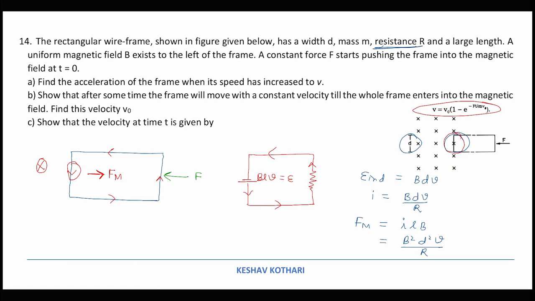So the magnetic force is opposing the applied force, and hence I can say that the net force which is going to act on this rectangular frame can be written as F net is equal to F minus F magnetic, which is F minus B square d square v upon R. This will produce an acceleration which we are calculating by equating it to ma.